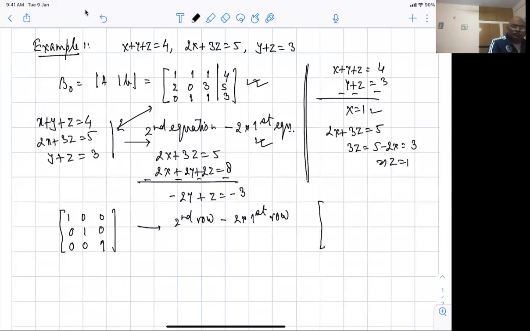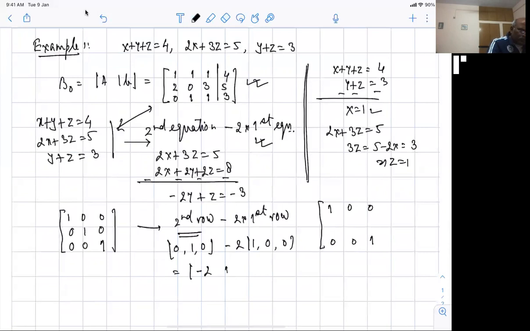I'm not doing anything to the first row and the third row. So the first row remains as it is, the third row remains as it is, and the second row is replaced by the second row minus 2 times the first row, which turns out to be minus 2, 1, 0. So I want to replace it with minus 2, 1, 0.